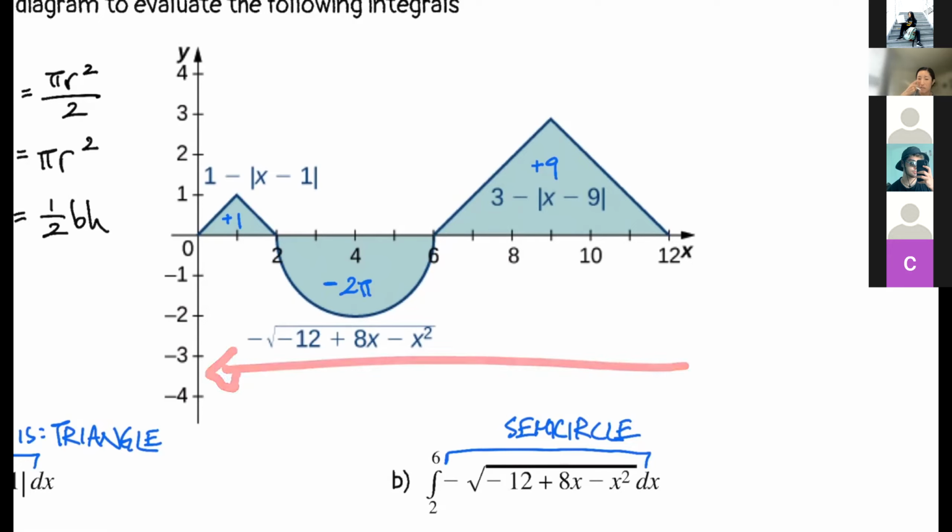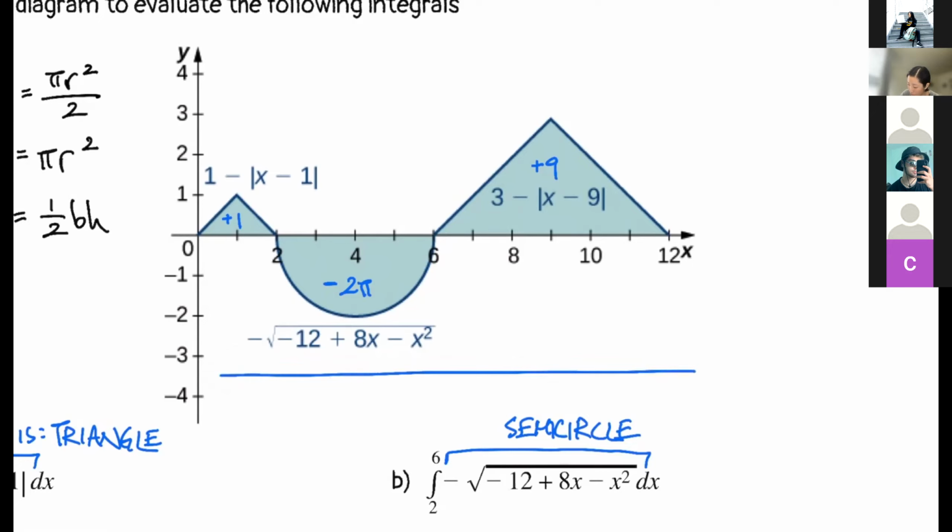Okay. So what that means is these blue numbers here are entirely accurate as long as we're reading this way. Okay. So as long as we read from left to right, then the areas are 1, 9, and -2 pi.